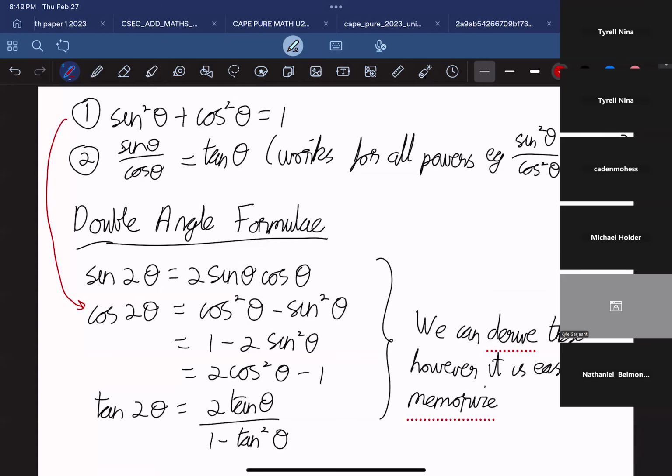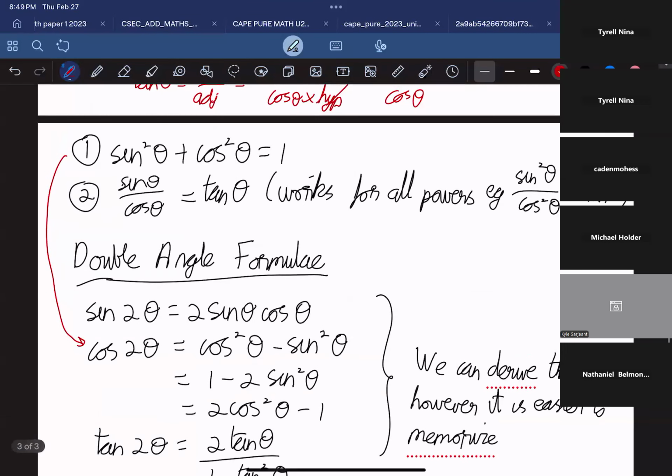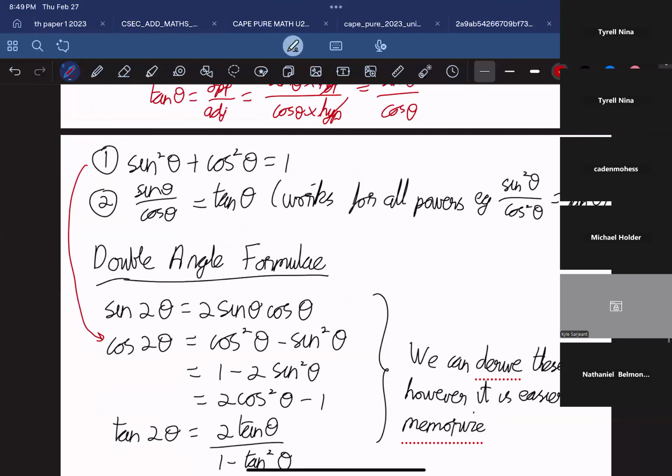Another thing I should note here is that we could rearrange these and branch off into two things. We could say sine squared theta is 1 minus cos squared theta, and cos squared theta is 1 minus sine squared theta. We'll branch off into that.